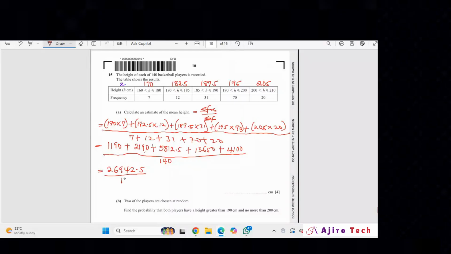When you divide this answer by 140, that will give us 192.4. So this is the mean. So we can just say we estimate it. This is one of the easiest ways of finding mean.